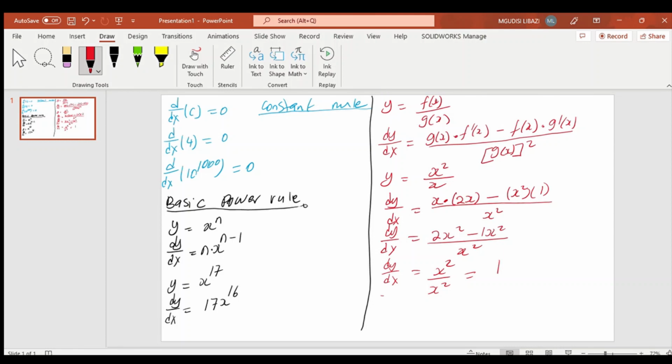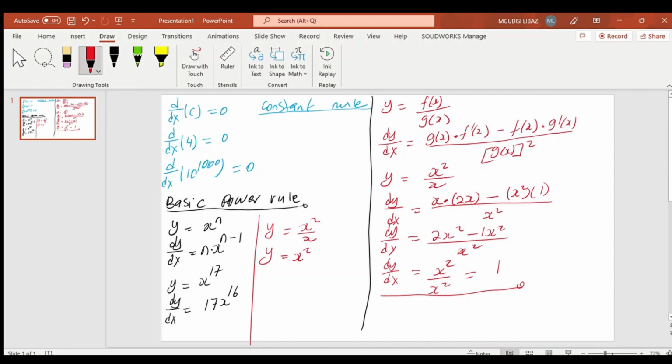Now let's try to prove if this is correct, because we were given the function y is equal to x squared divided by x. If we simplify this first according to the laws of exponents, we have x to the 2 divided by x to the 1.